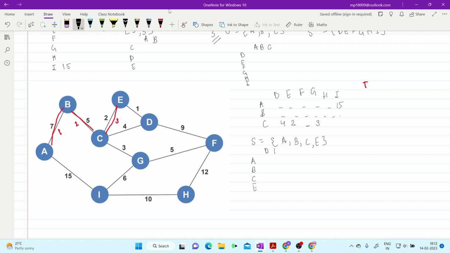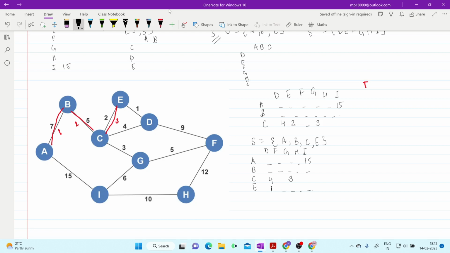ABCE, D, F, G, H, I. So now this will be same. This is 15. For B, this is all blank. For C, now we have 4 and 3. And for E, we have ED, which is 1. That's it.